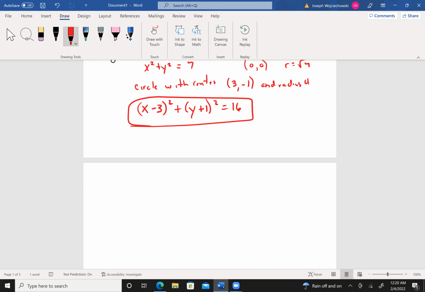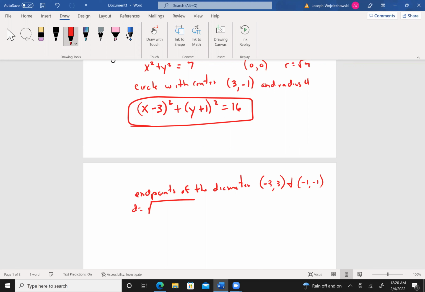Okay, so what about if we have the endpoints of the diameter, which are -3, 3, and -1, -1. So two points on a circle. The distance between them is the diameter. So we find the distance between them first.